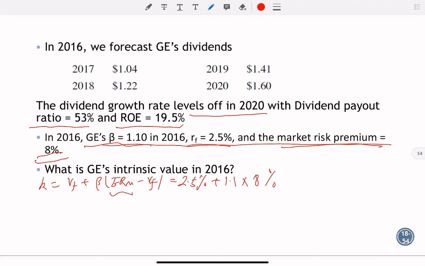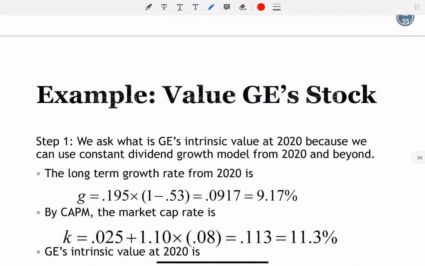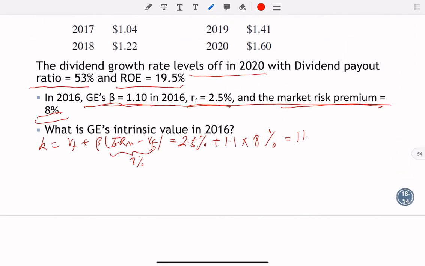This 8% is the market risk premium. So this gives us 11.3%.